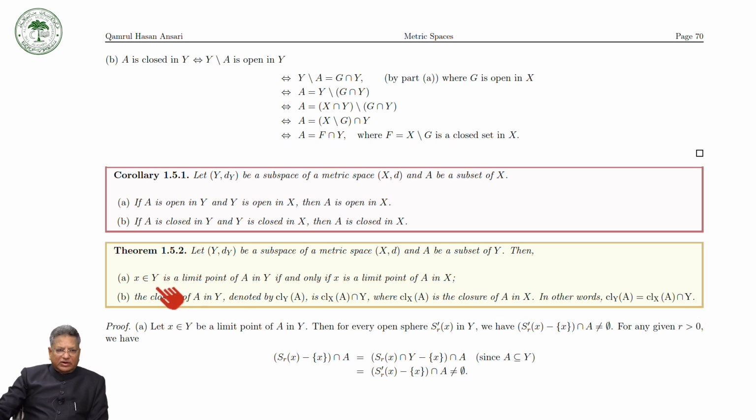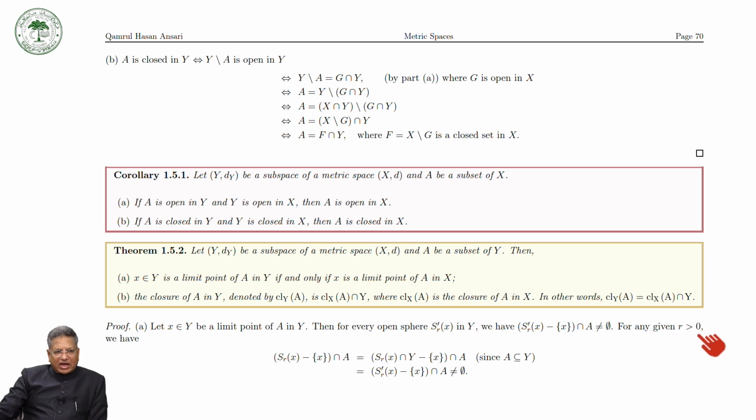The first one is very easy. If it is a limit point with respect to Y, then it is a limit point with respect to X. So let x be a limit point of A in Y. Then for every open sphere in Y, the intersection of the open sphere minus x with A is non-empty.